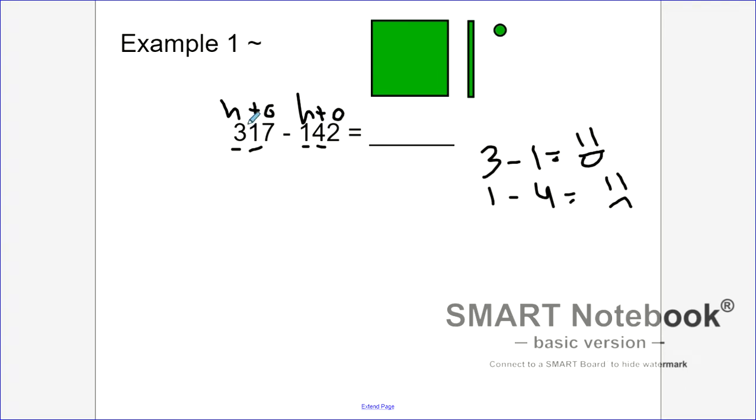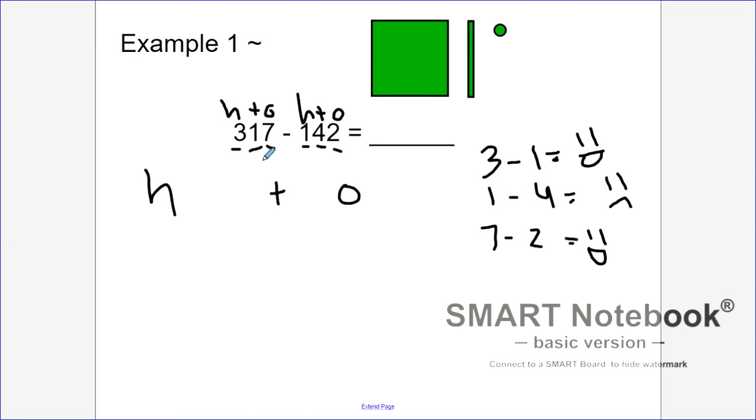And our last digit of our ones place is a 7 and a 2. It's like a little math problem. The first digit 7 is larger than the second digit of 2, so I could just do that in my head and solve that. This is how it would look if we drew our hundreds, tens, and ones as a place value model. Remember, the hundreds we can just subtract like normal, the ones we can subtract like normal.